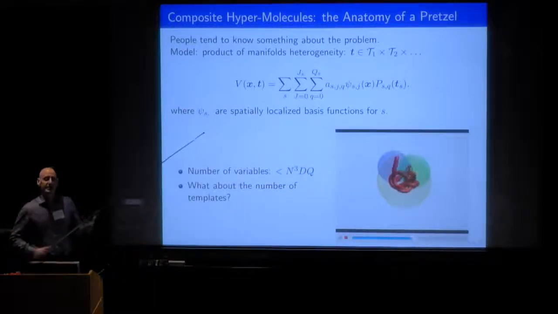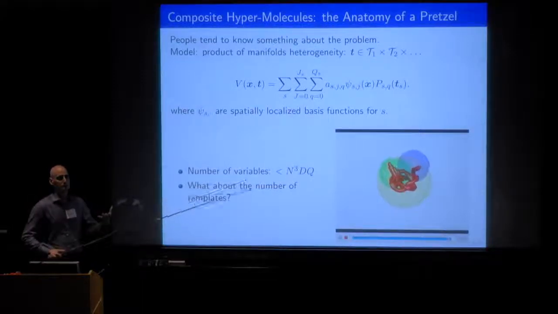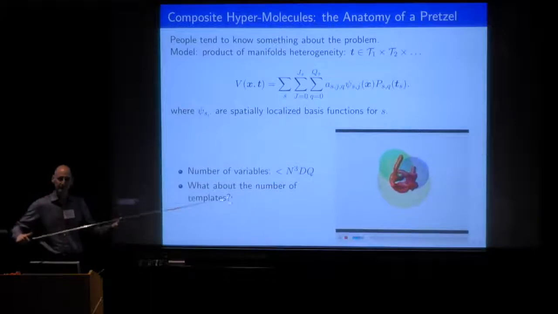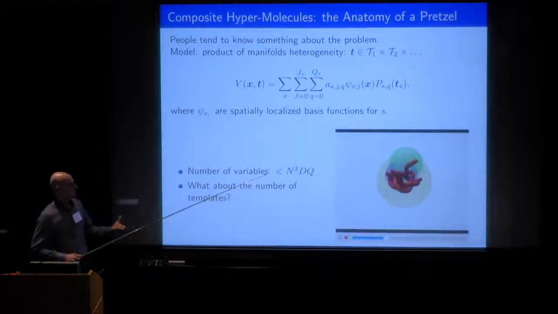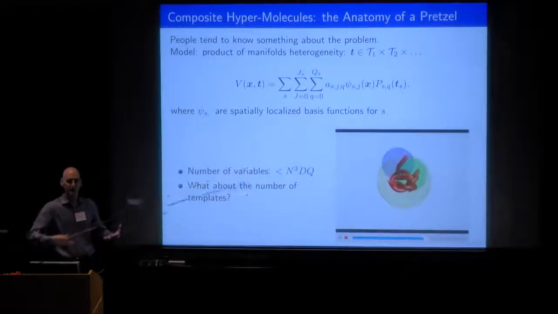And if you think about it in terms of manifolds, we decompose this generic manifold that can be high dimensional intrinsically into a product of different manifolds. So we decompose this object.